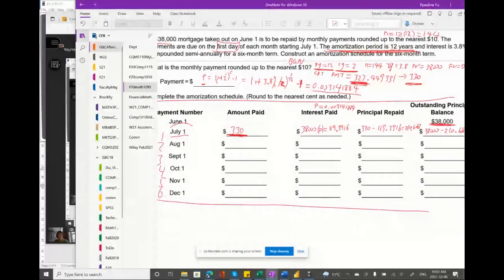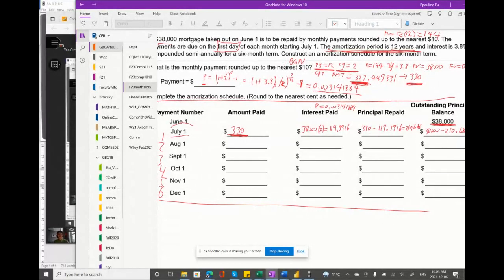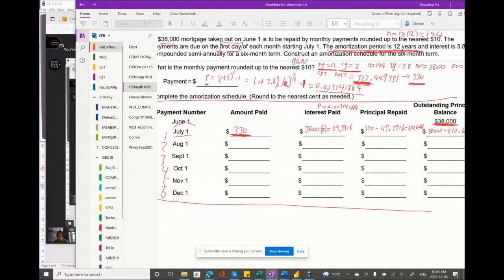And then, what is the interest paid? The interest equals outstanding balance times periodic interest rate. But this rate uses P, not I. When you multiply by the interest rate, use P, not I. So outstanding balance is 38,000 times P. You get $119.39 for the interest paid.